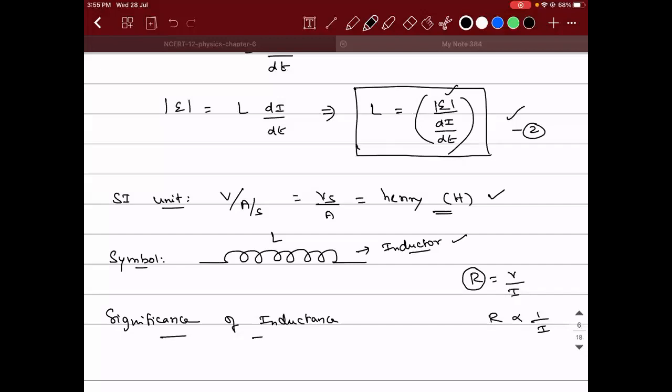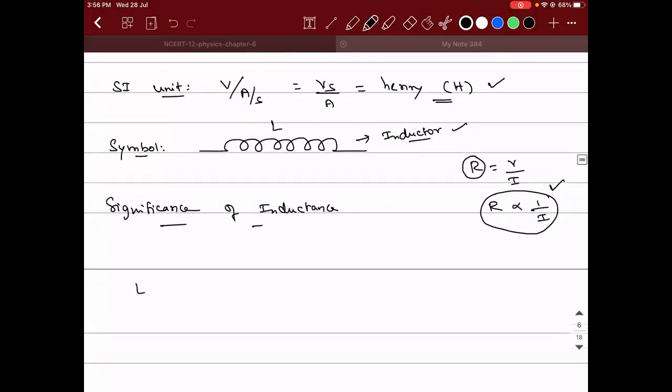So whenever you apply potential difference across the ends of a conductor, the resistance of that conductor will decrease the value of current in it. So R is inversely proportional to I. Accepted? First. Second is, if you observe inductance, L is equal to E divided by di by dt.